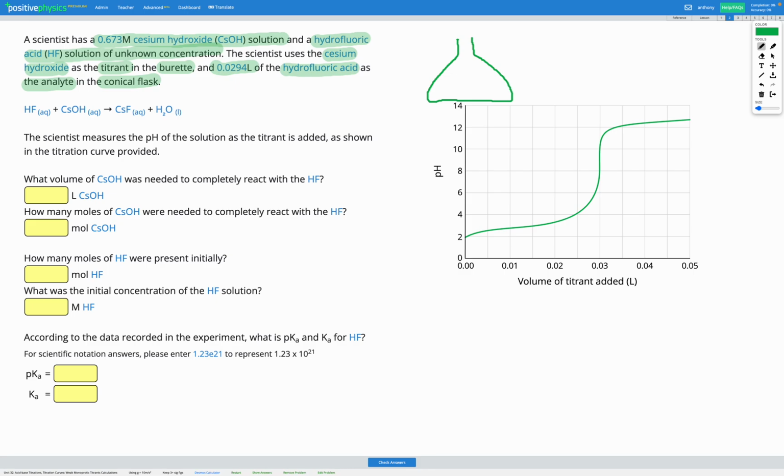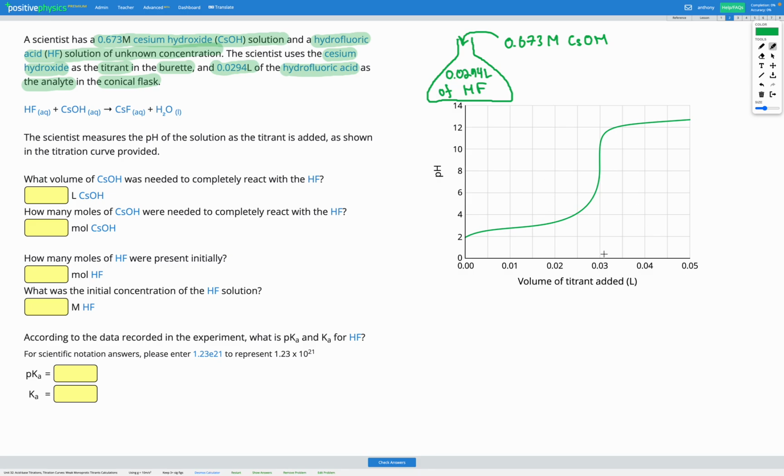So in our conical flask, we have 0.0294 litres of hydrofluoric acid, and then we're adding to that a 0.673 molar cesium hydroxide solution.